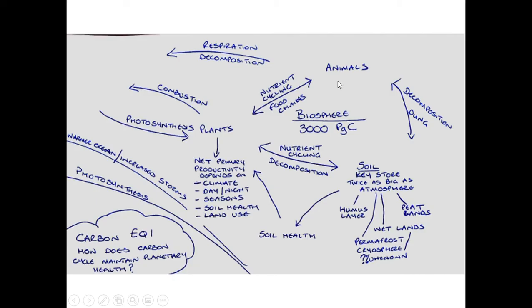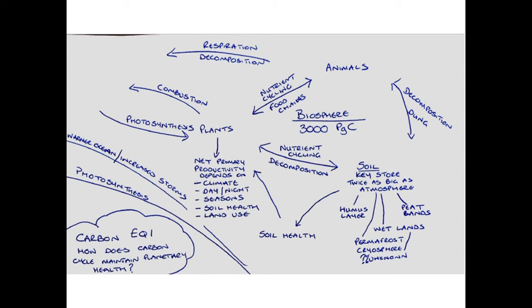But often what happens is with the decomposition, with the bacteria and with the animal dung, and also the decomposition of plants, this can lead to carbon being stored into the soil. And as we can see, the soil is twice as big as the atmospheric store.